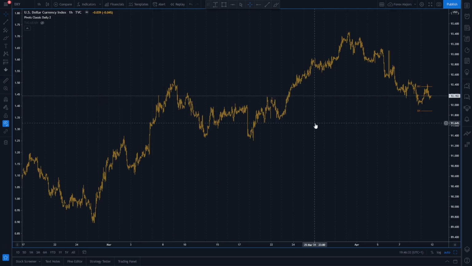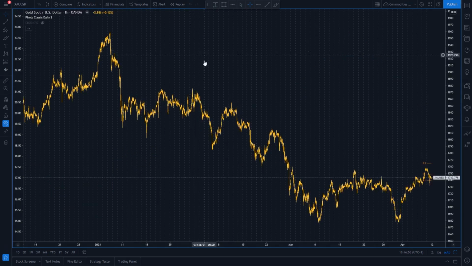Now, when it comes to other instruments, we've maintained a bearish bias for gold basically from the start of the year, or since the start of that big push to the upside in US 10-year yields, which was, of course, coming on the back of that Georgia election runoff that we had on the 6th of January. And we've also maintained a bullish bias for something like the dollar yen.